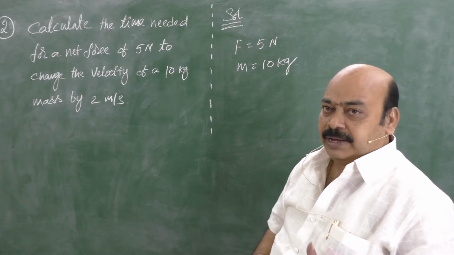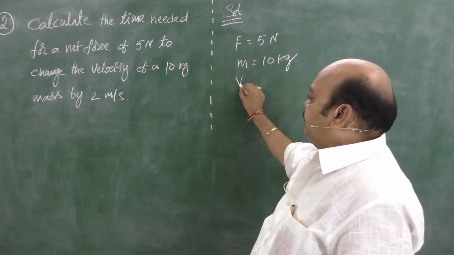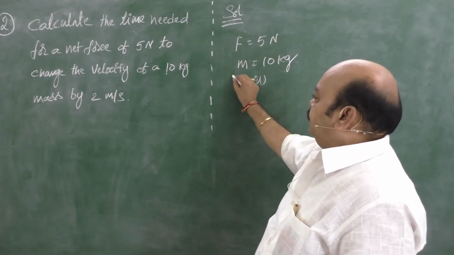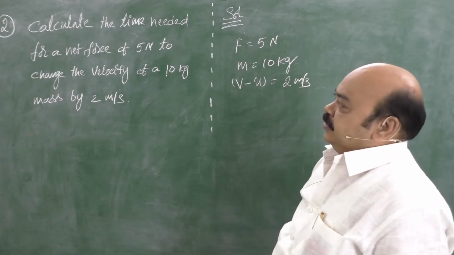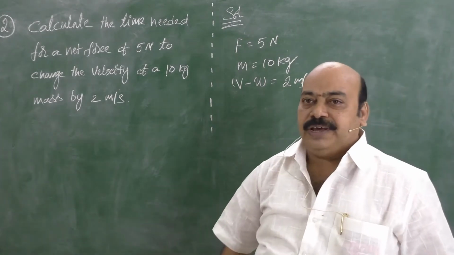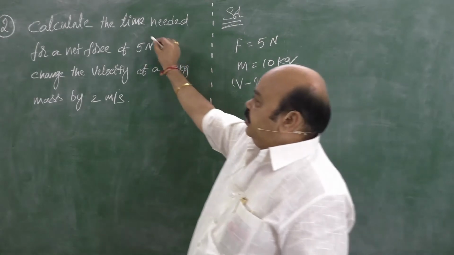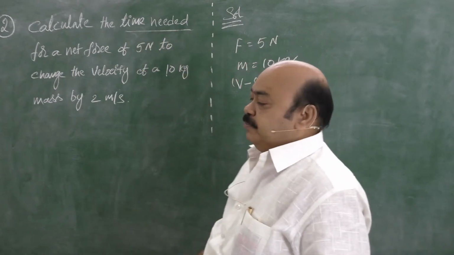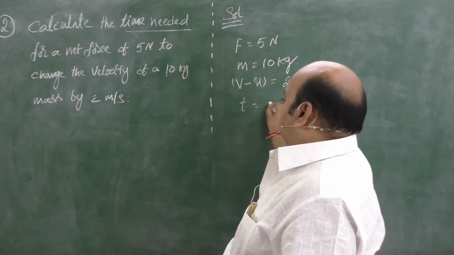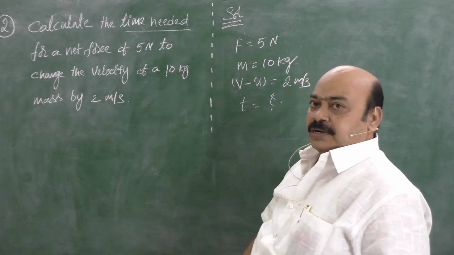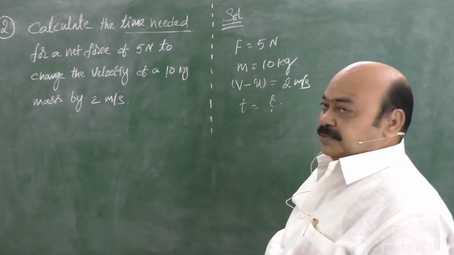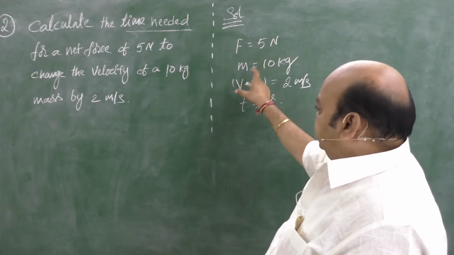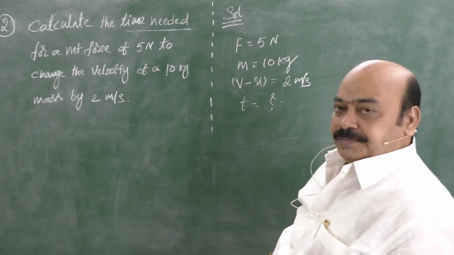Final velocity minus initial velocity, nothing but v minus u is given as 2 meter per second. What we are going to calculate is the time needed. That's why simply t is equal to question mark.